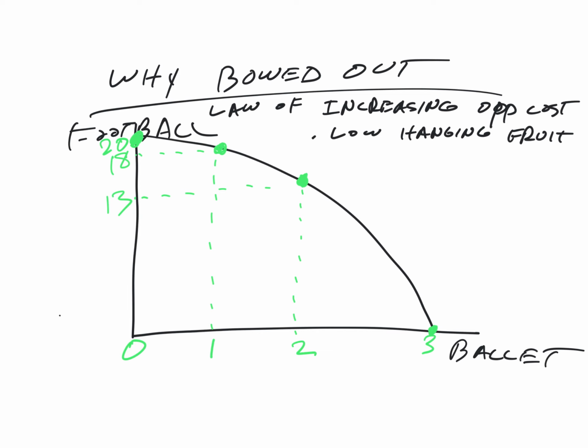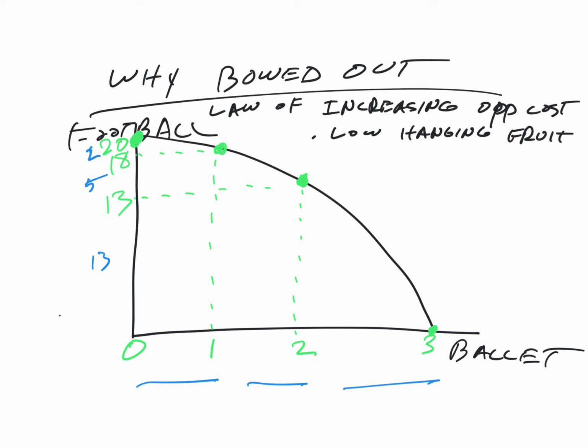So the opportunity cost for the first ballet was 2. For the second ballet was 5, and for the third ballet is 13. So we've got 1, 2, 3 opportunity costs going from 2 to 5 to 13.